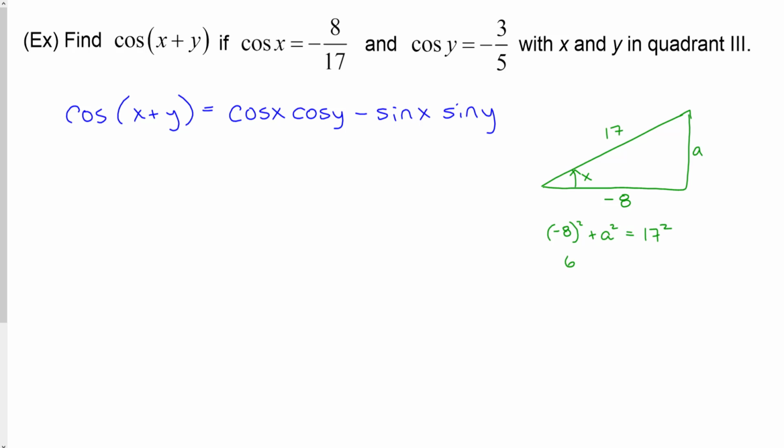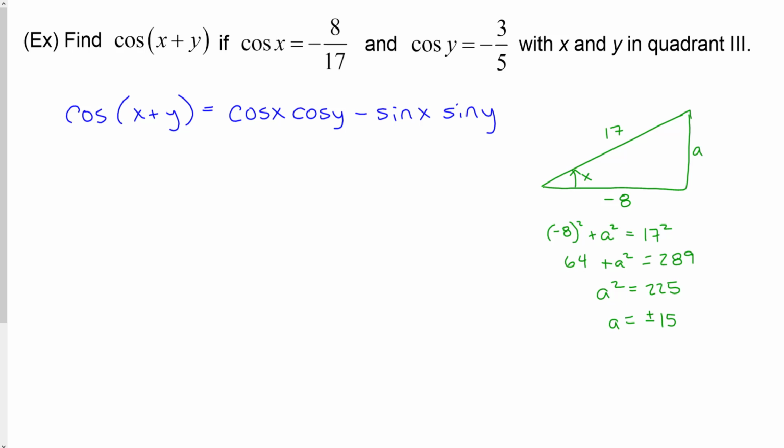So this would be 64 plus a squared, and 17 squared is, let me grab my calculator, 289. And when I subtract 64 from both sides, I get a squared equals 225, which its square root is 15.